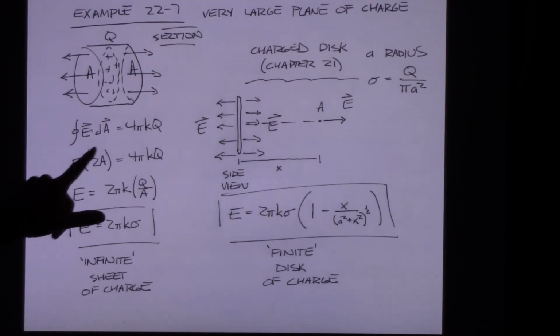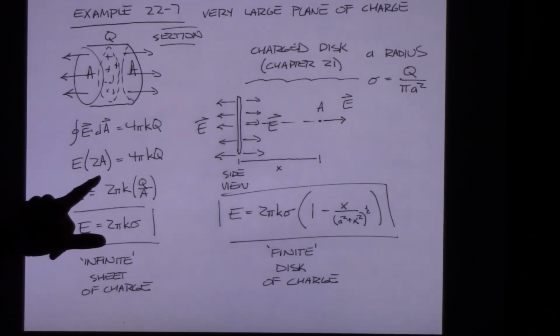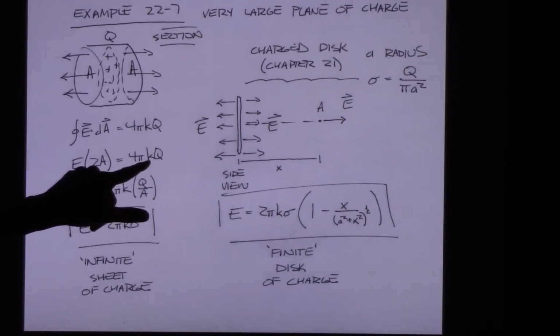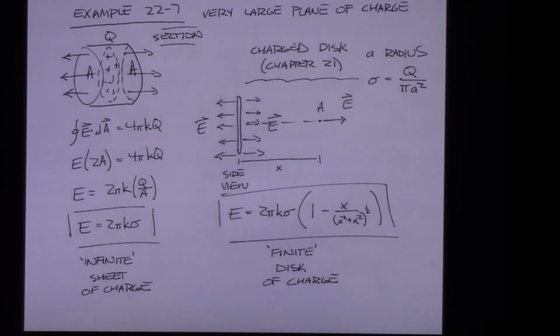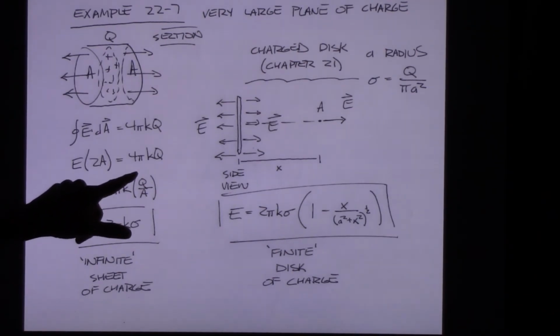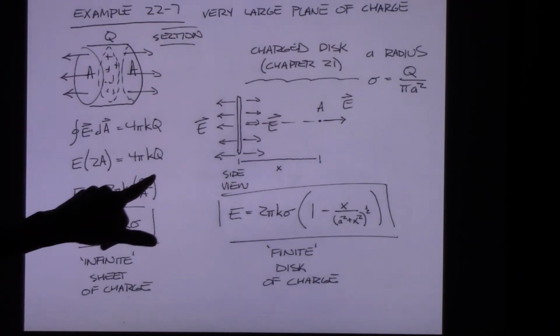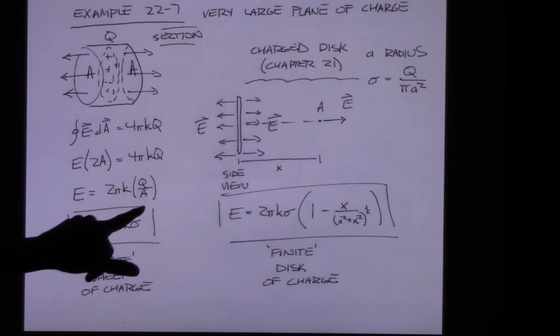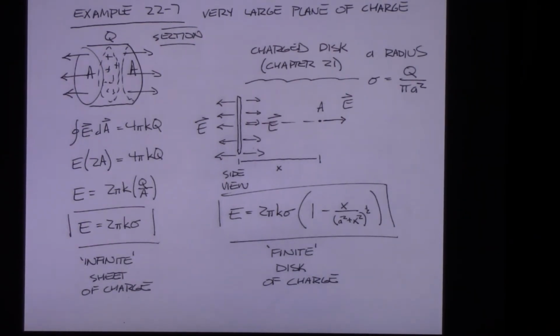So here is the calculation of the left side of Gauss's law. And then on the other side, I've got 4 pi k times the enclosed charge. When I carry out the algebra on this, I'm getting an E field that's 2 pi k Q over A. The A came over to the other side. Well, Q over A, that's the same thing as sigma.